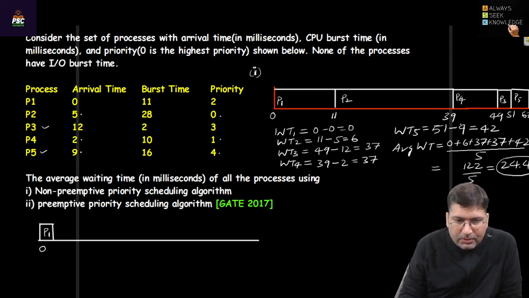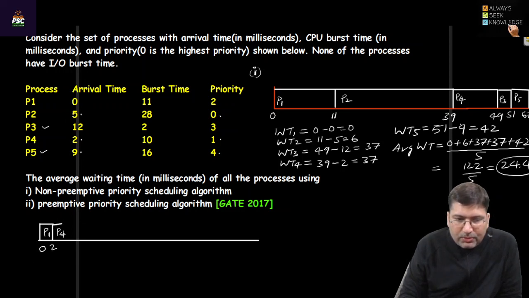So it will execute till this moment, which I am assuming is 2. Now at this moment when P4 arrives, P4 has priority 1 and the running process has priority 2. So P4 has higher priority, so P4 will start executing. P4 will execute till 5, for the next 3 cycles, when P2 arrives.